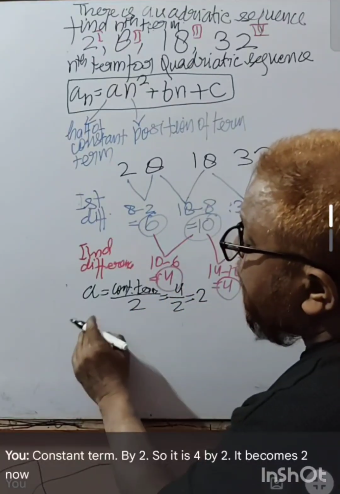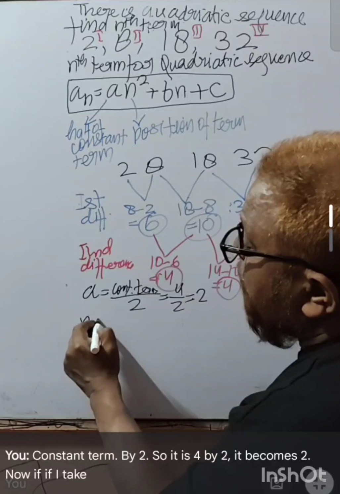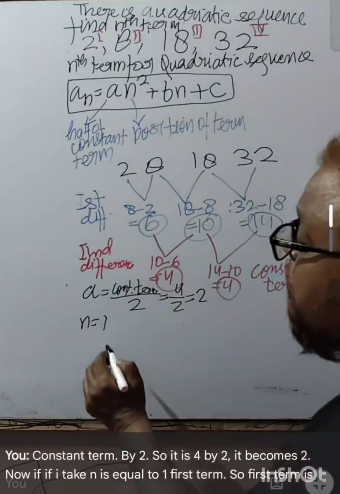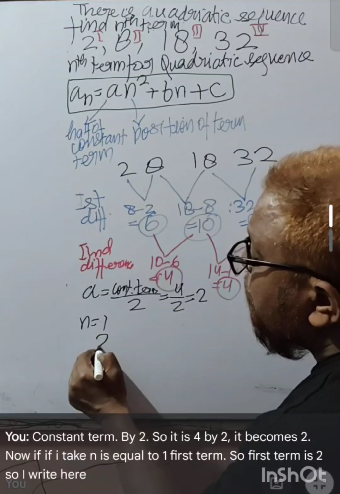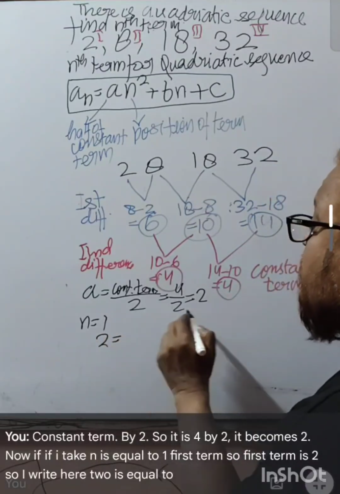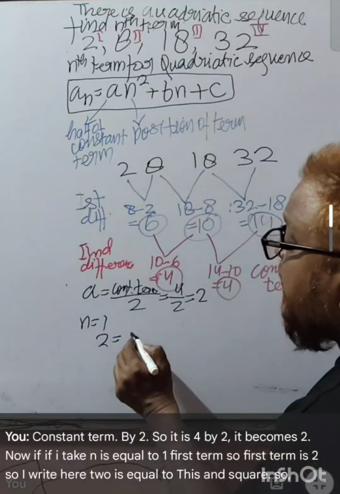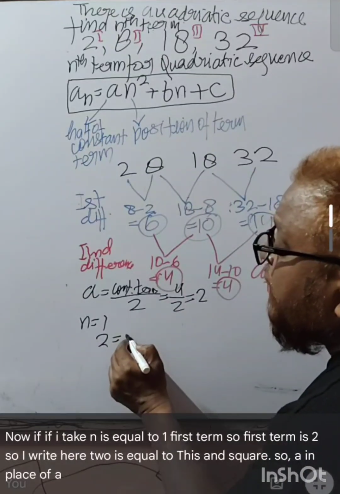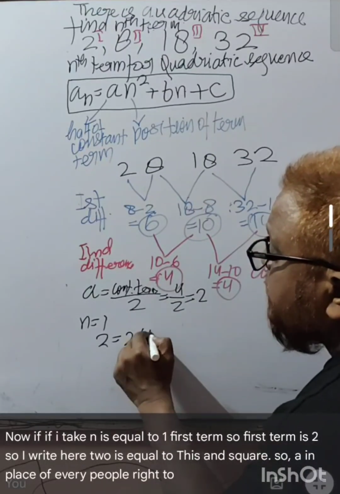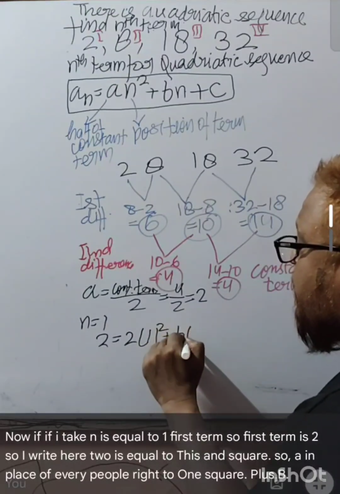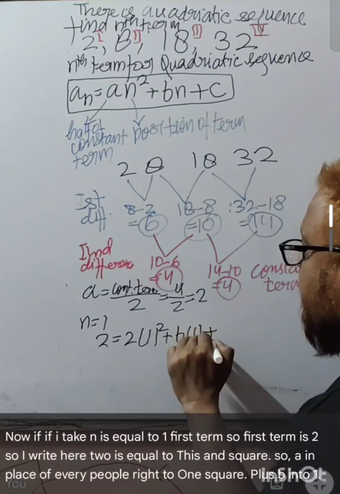Now, if I take n is equal to 1, the first term is 2. So I write 2 is equal to an square, with A as 2: 2 into 1 square plus b into 1 plus c.